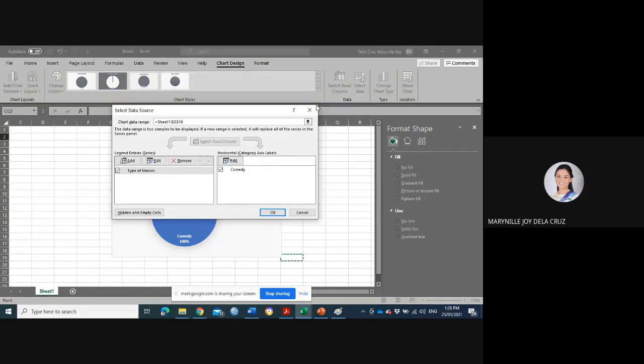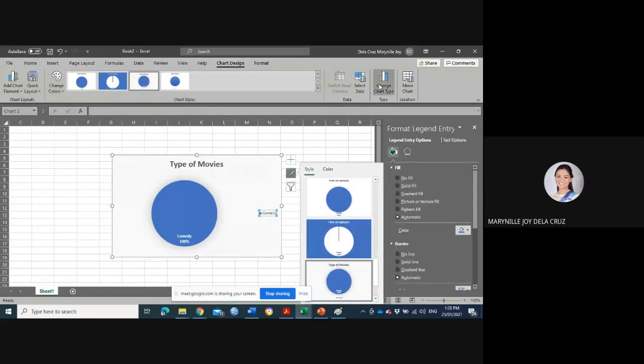Bakit hindi siya magdugang? Kabudlay sa Excel ba?